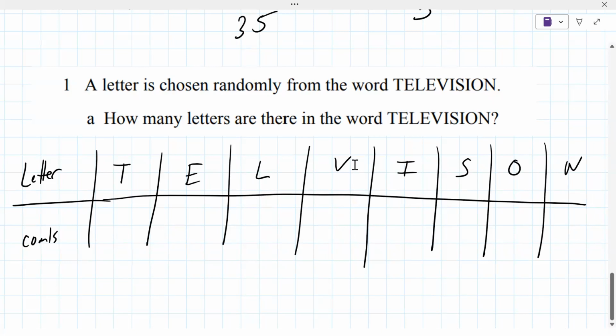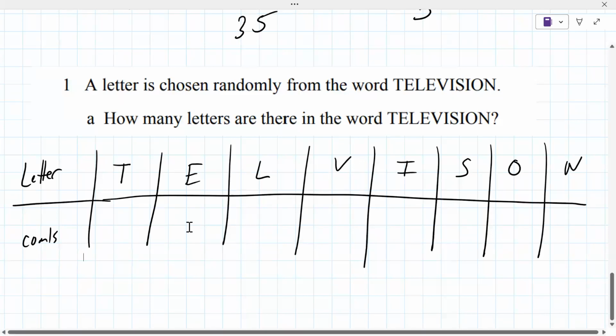So there are 1, 2, 3, 4, 5, 6, 7, 8 letters in television. No, I want you to count how many T's, E's, and so on.